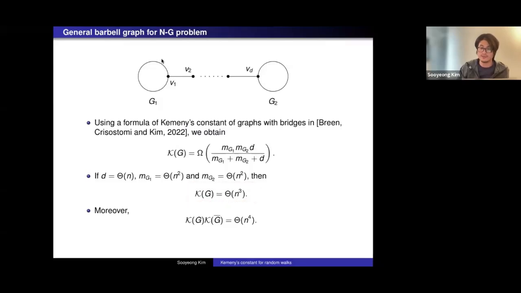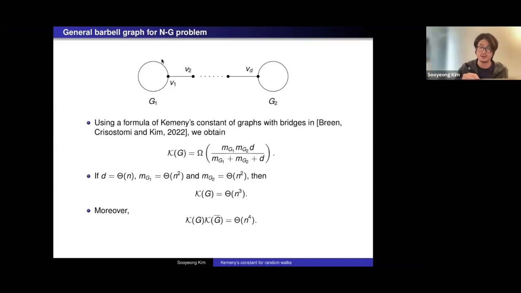So in other words, G1 and G2 are not necessarily cliques. If they are dense enough, then we can attain Kemeny's constant of order n cubed. For instance, if you pick G1 and G2 as complete bipartite graphs, then the number of edges is still of order n squared.